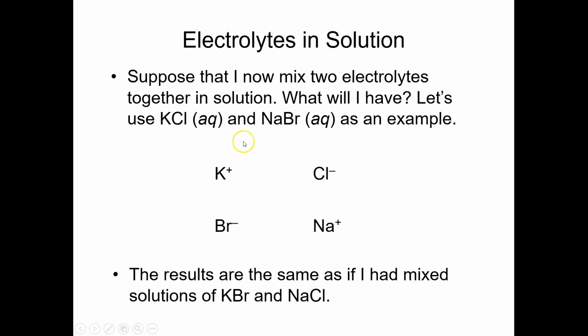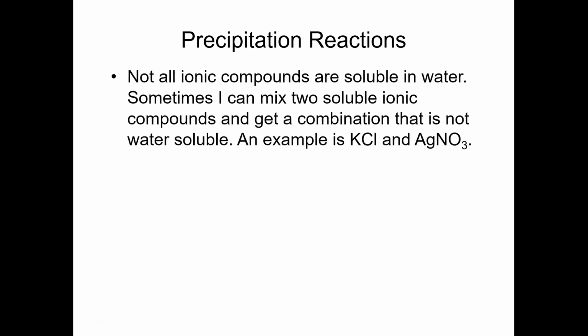I'm just going to get a collection of the same 4 ions that are just floating around in aqueous solution, staring at each other and not doing anything. Now that's the case when I mix these 2 particular compounds, but I can mix things to give me a combination that is not water soluble, because not every ionic compound is soluble in water.